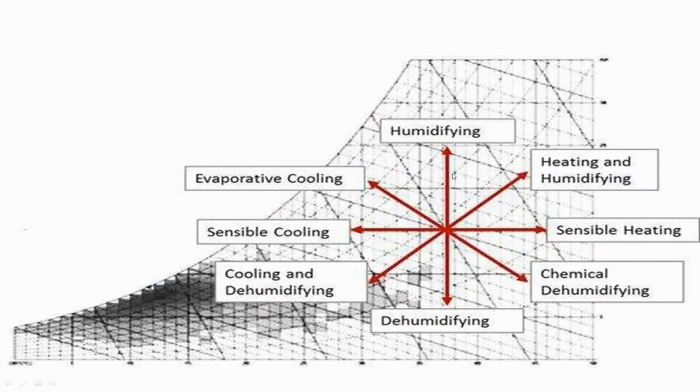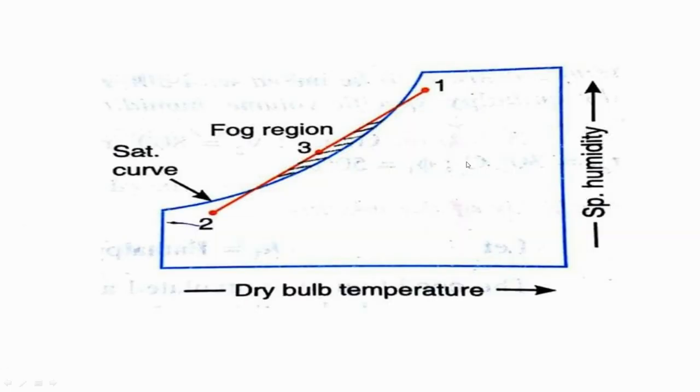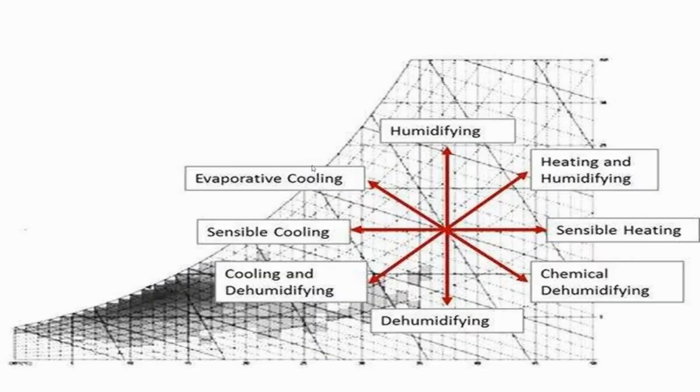In the psychrometric chart, we can show the fog region. Here the hatched region is the fog region, and when the line passes beyond the saturation curve, that region becomes fog. So that is about this. Now here, all the processes are shown in the chart.